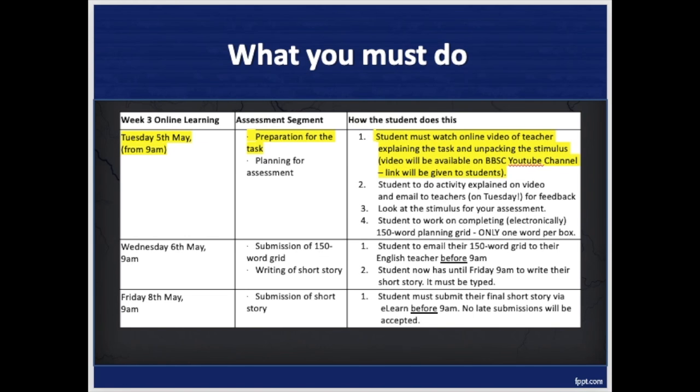It's there to help you with your planning. If you don't do it, it's not marked, so I don't want to put any extra stress on you, but still, before 9 a.m. on Wednesday, you need to send that either partially done or fully done to your teacher, but they won't be providing feedback to you. Okay, not on that 150-word grid.